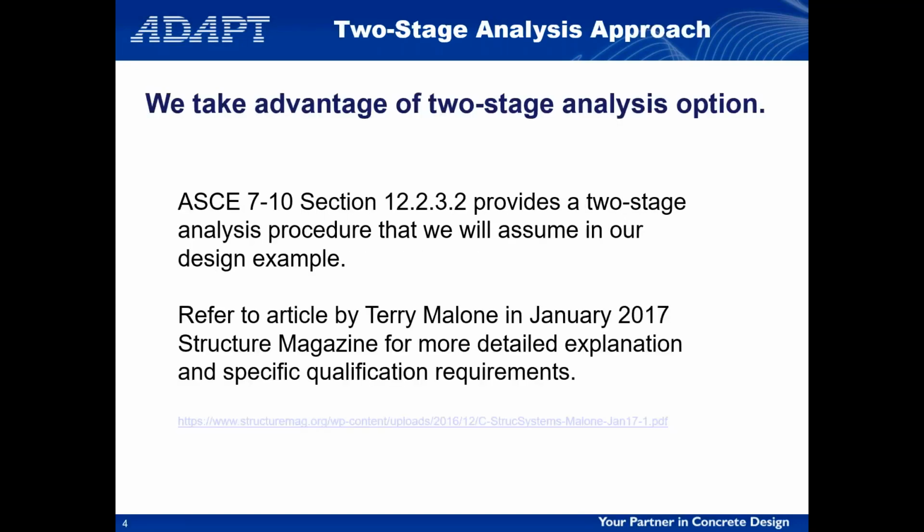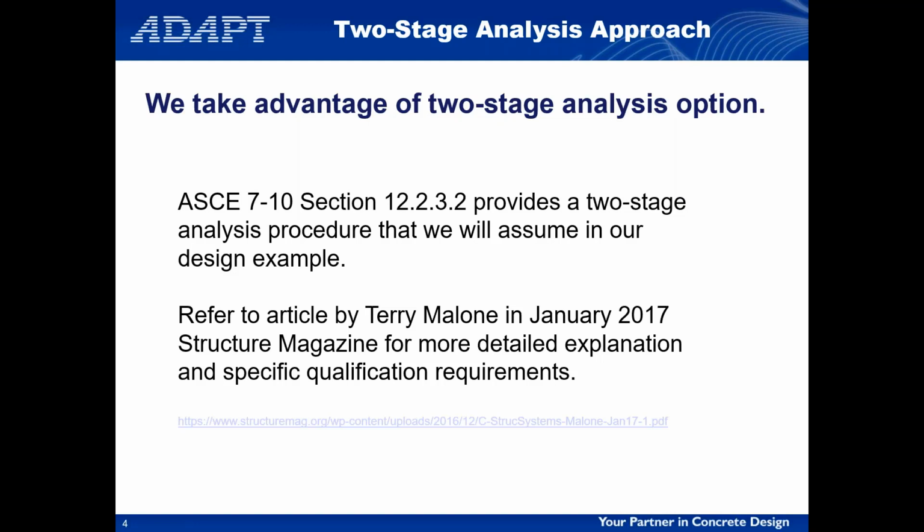Also, the discussion and the workflow that I'm going to highlight relies on the fact that we are allowed to do a 2-staged analysis. And here, this is just a section from ASCE 7-10 that says we can break the structure into 2 sections.